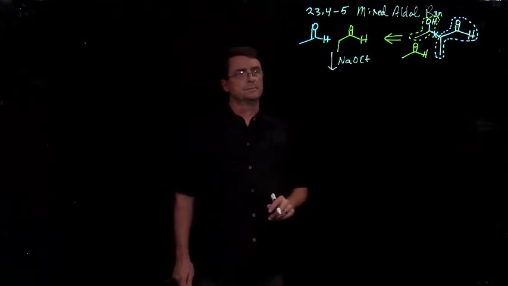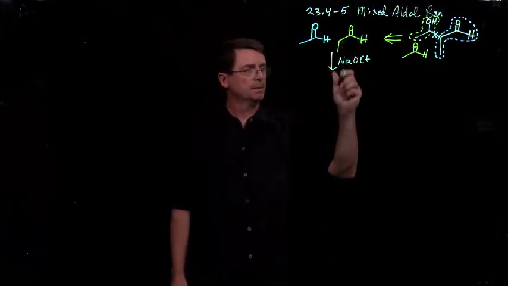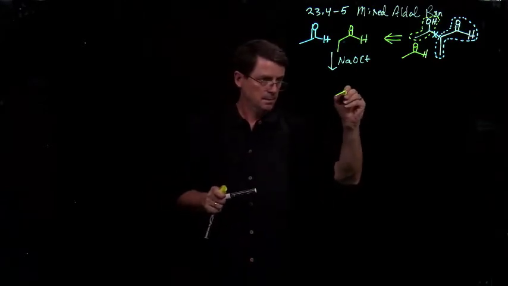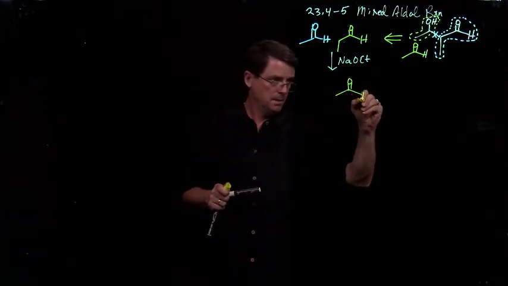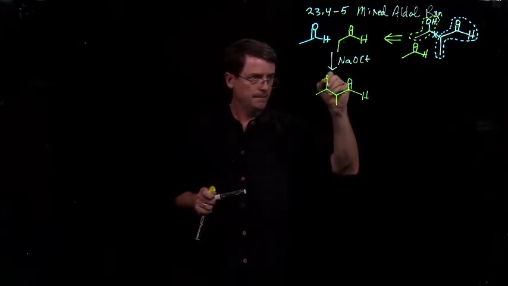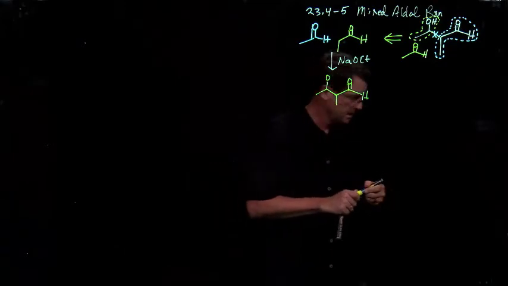what would we get? Well, we could make the enolate here and it could condense the way that we want. Well, let me switch the colors there.